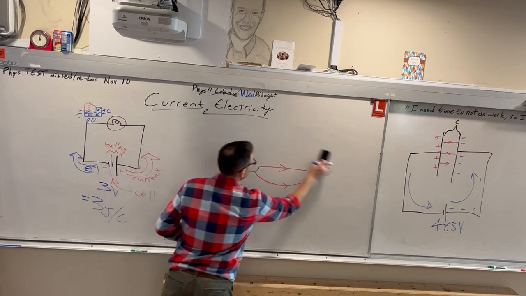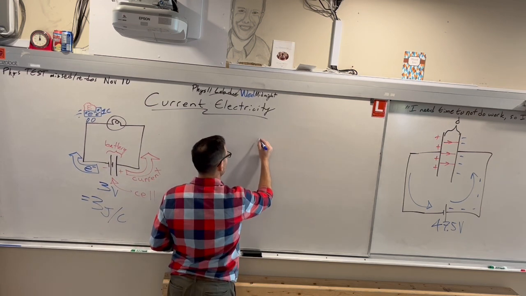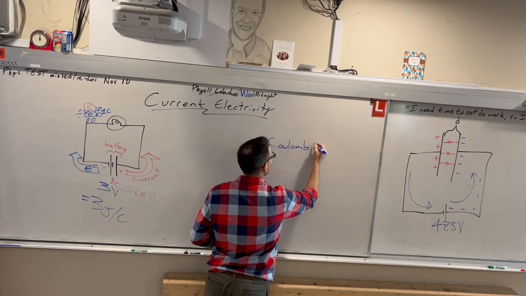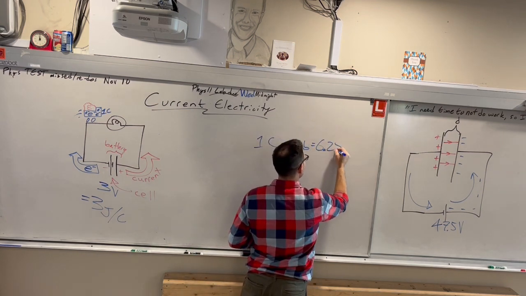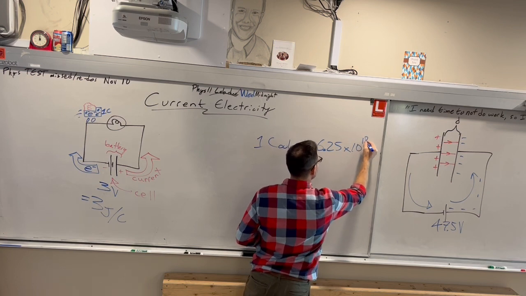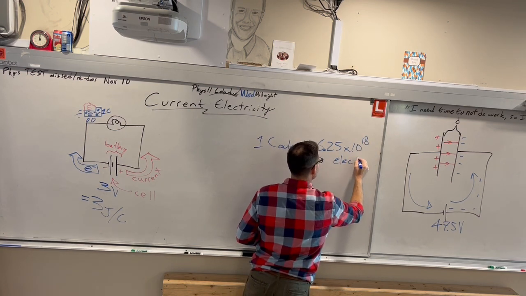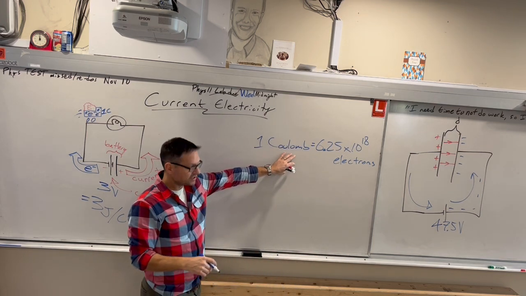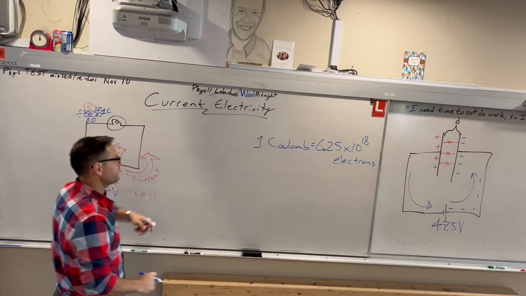Okay, and so we say 1 coulomb equals 6.25 times 10 to the 18 electrons. It'll become clear why we use this in a second, but just bear with me.